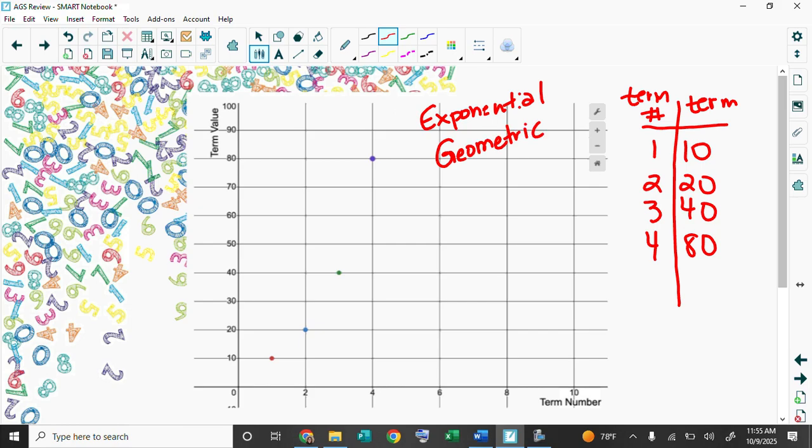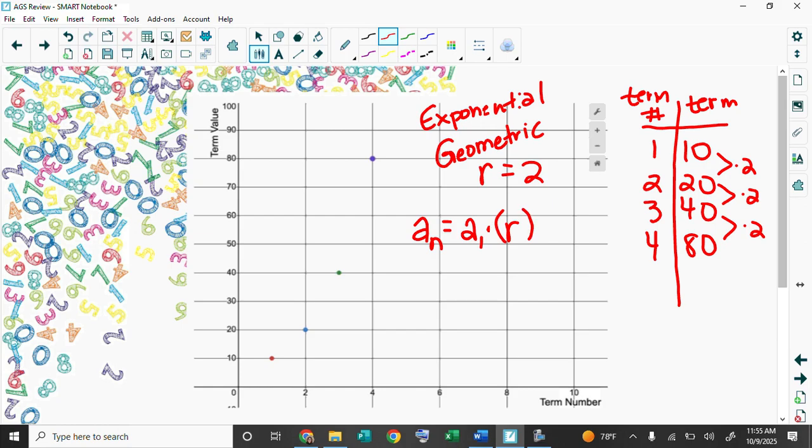And so I have to find my common ratio. How do I get from here, here, here, here? Hopefully you figured out it's multiplying times 2. So I could find a sub n equals a sub 1 times r.